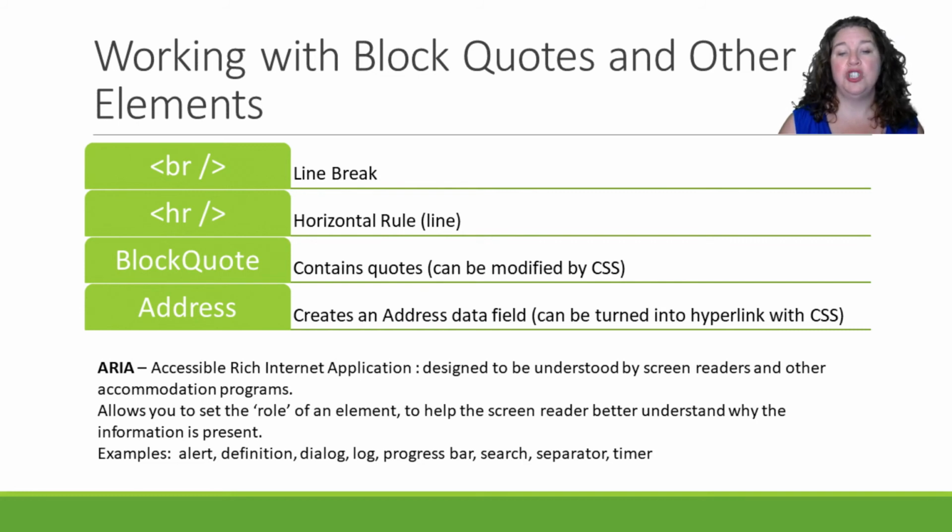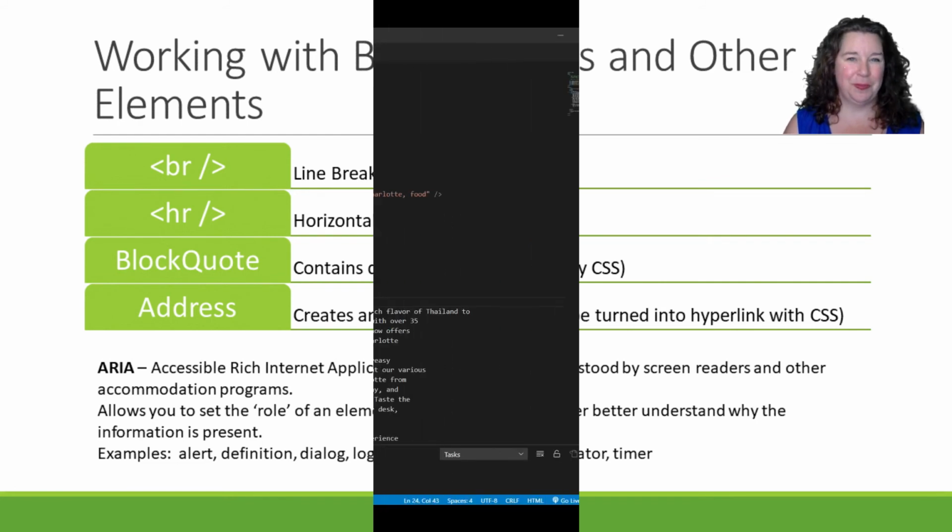What is the element doing there? Why is it there? And that will help the screen reader programs understand if this is just fluff. Is this important? Is this a header? Is this an alert? Is this a progress bar? Is it a log? Is it a dialogue? Is it something that's important? So you can give a role to an element and your screen readers are designed to read that.